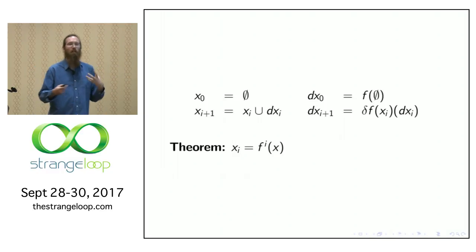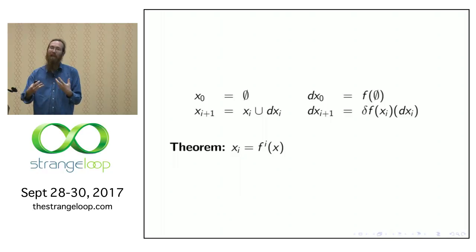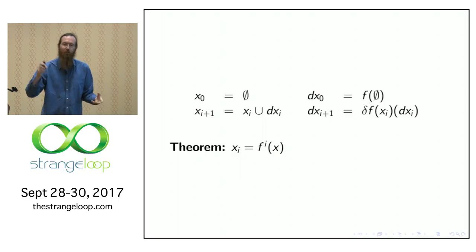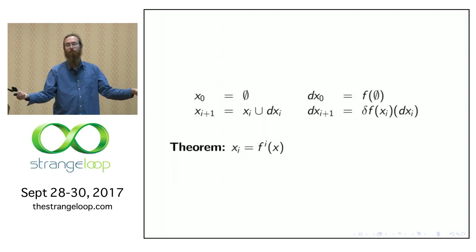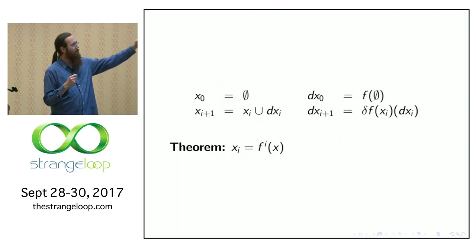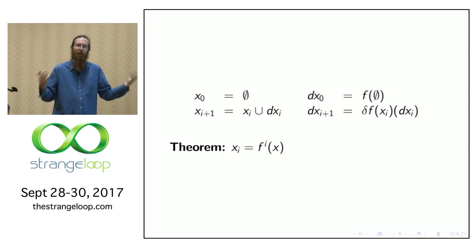And we're representing changes to sets as just the set of things we add to them. So the change that we start with is going from empty set to f of empty set. And then to calculate the next actual value, the next x, we take the union of the previous x and the change to it. That's how we apply a change, we just union.